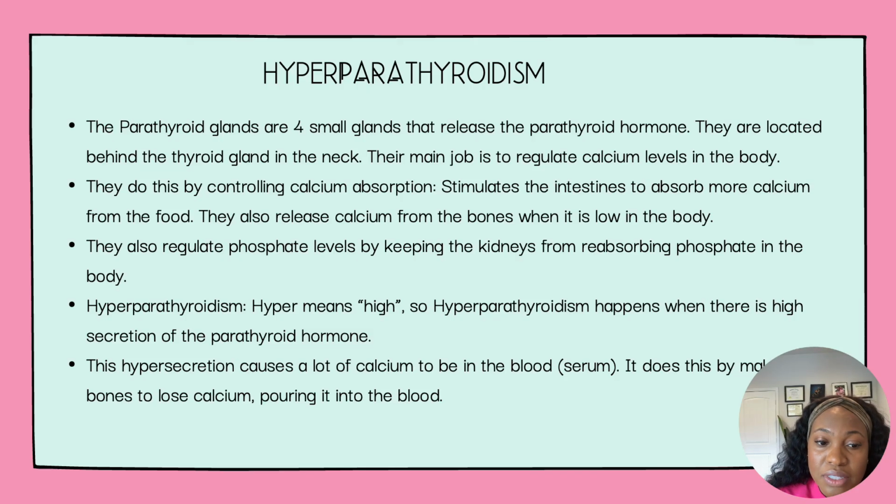Therefore, when there is hyperparathyroidism and therefore a hypersecretion of the parathyroid hormone, it causes a lot of calcium to be in the blood, right? So it does this by making the bones lose that calcium and pouring it into the blood.